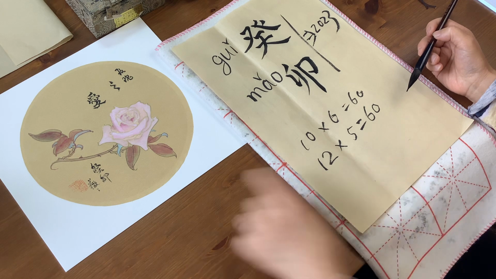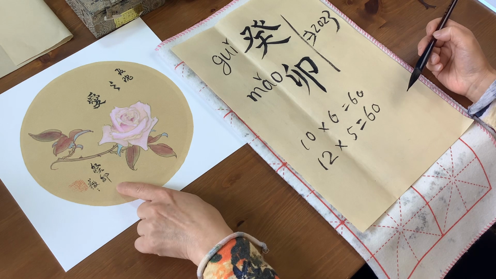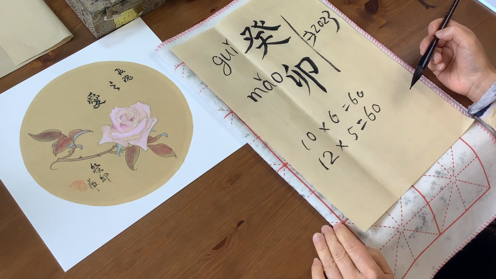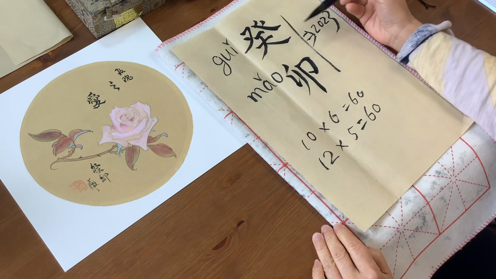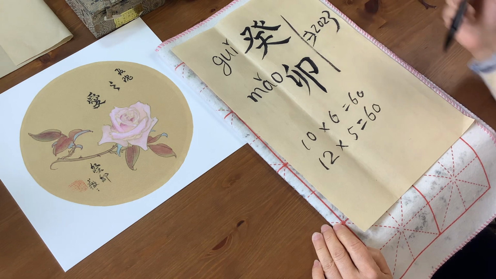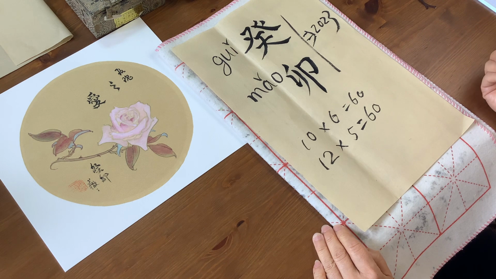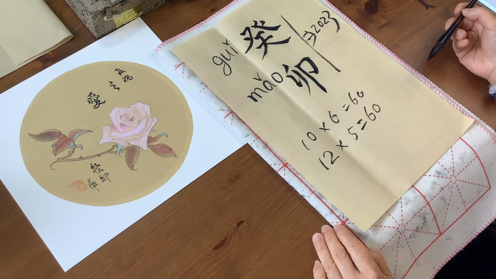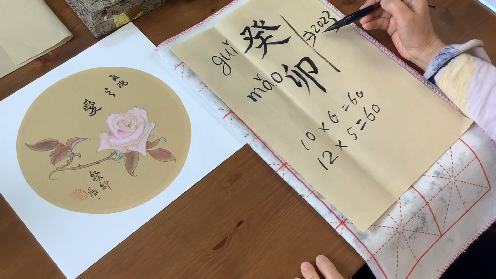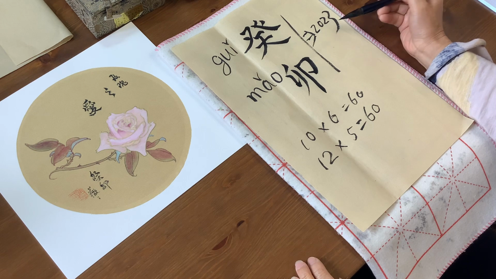By the characters, you will see which year the artist did this painting. Okay, so I'm demoing here these two characters for this year. And you can use this for any painting or calligraphy instead of writing the number for the year.